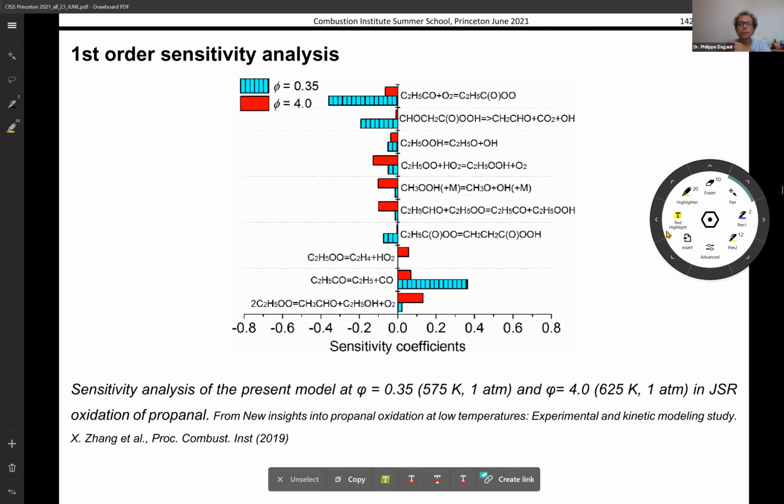And then you can have a look at their rate constants and see if, within the uncertainty attached to these coefficients, you can move in one or the other direction in order to better fit the data. This is the way to proceed.